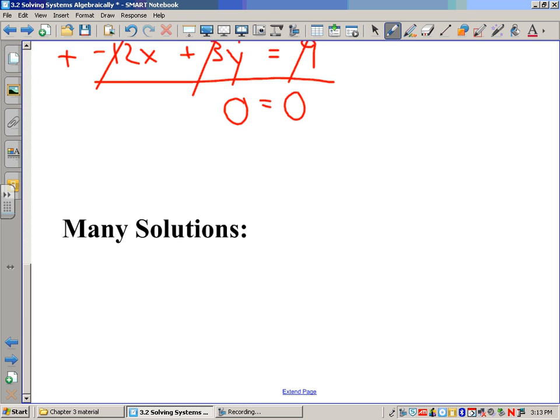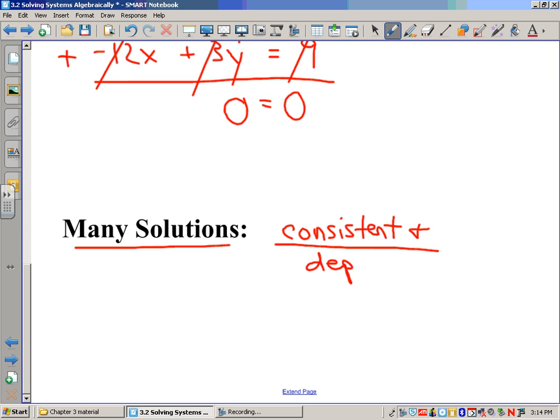If you get a true statement, so variables canceled and you got the two sides equal, that is many solutions. What type of system is that? That would be, with many solutions, a consistent and dependent system, which again is the same line graphically.